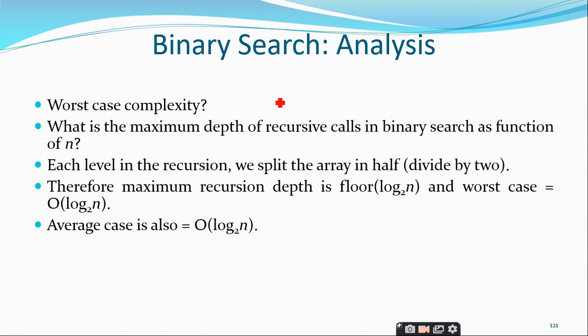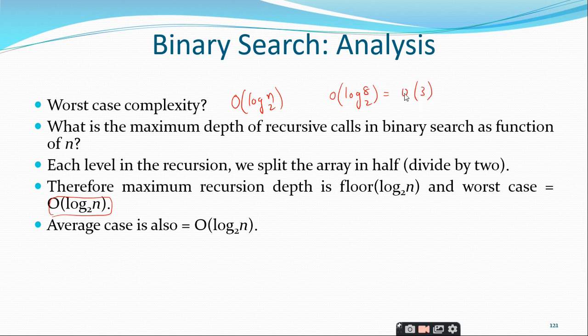So the worst case complexity is when you want to find the last element. It is equal to big O of log n base 2. You can see here, for example, if we have 8 elements, log 8 base 2 is equal to big O of 3.